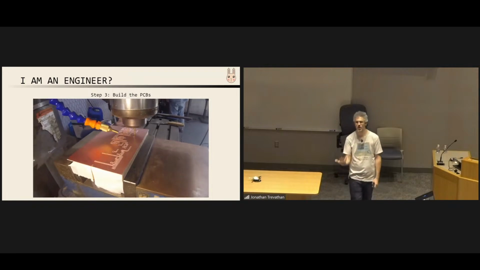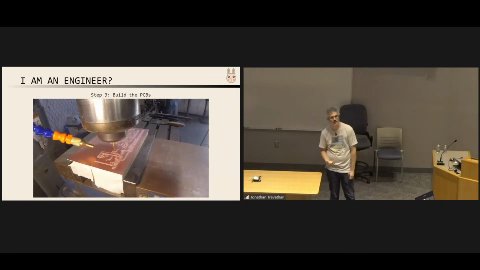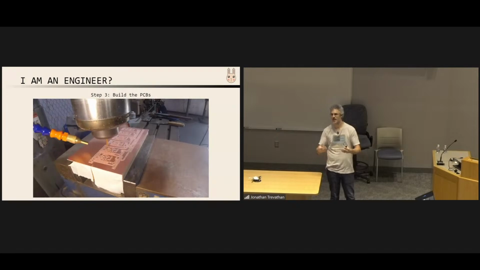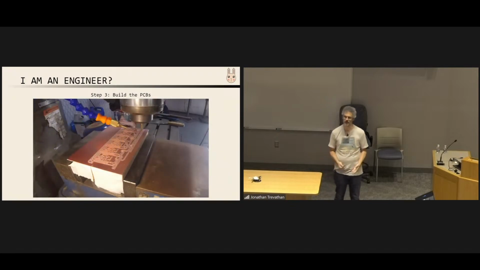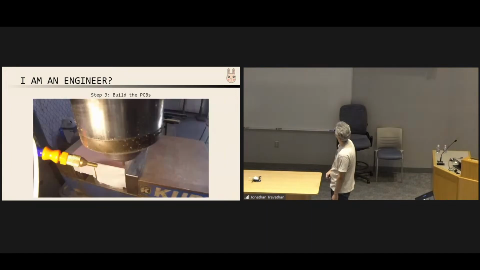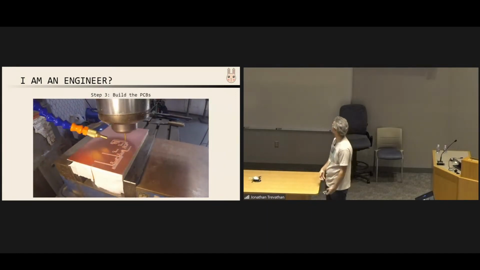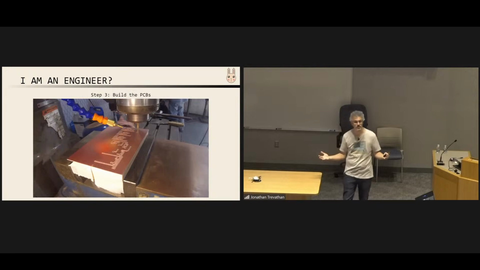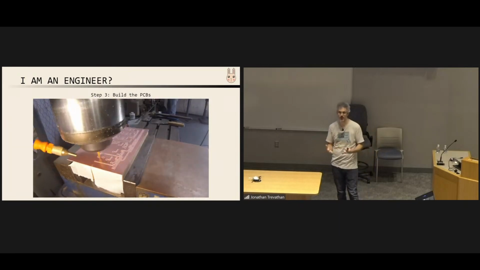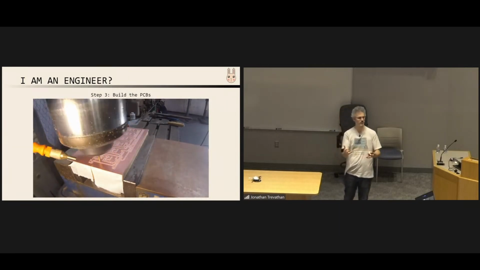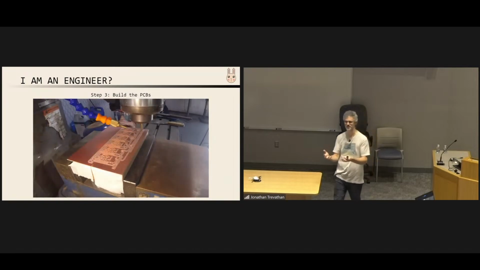I didn't want to order my PCBs from China because I like American manufacturing. I'm an American, so why don't I manufacture it myself? So I have a CNC mill at home, and you just saw a very fast time lapse. Essentially, I design a circuit in an EDA program, an electronic design automation program.